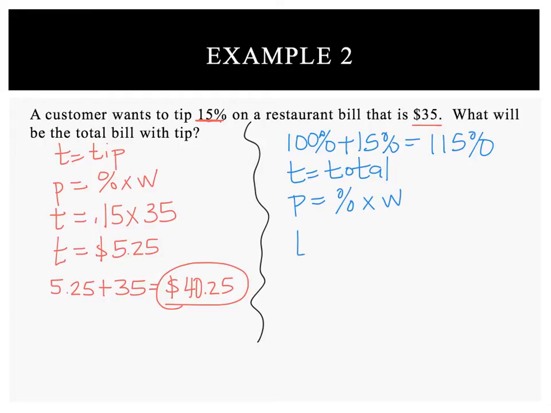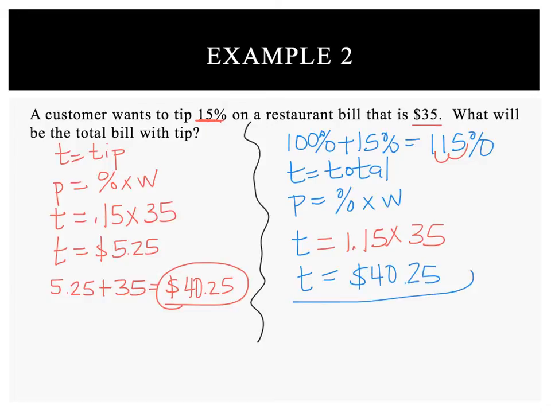The thing that we don't know is our total. Okay, I take this 115, move my decimal point over 2 places, and I get 1.15 times 35. So I get T is equal to $40.25. You can do this either way. It doesn't matter to me.